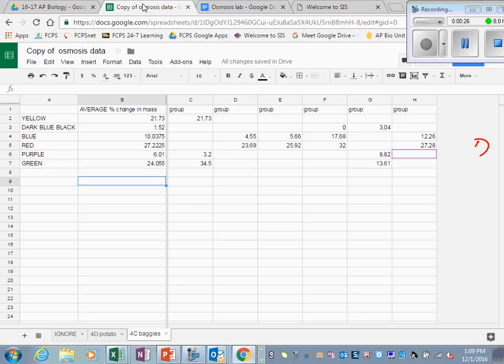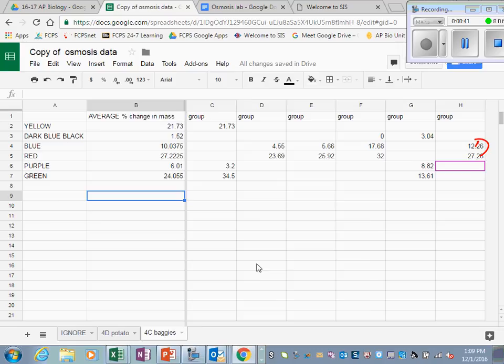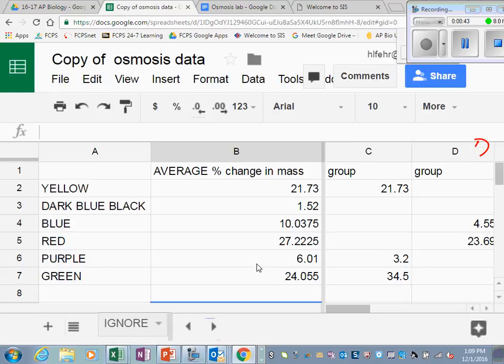So here is the osmosis. Now remember, down at the bottom it says 4C baggies, 4D potatoes. Ignore. Ignore the ignore. Okay? You don't have to worry about that tab. Someone's going to say, but Miss Fair, I couldn't read the tab.